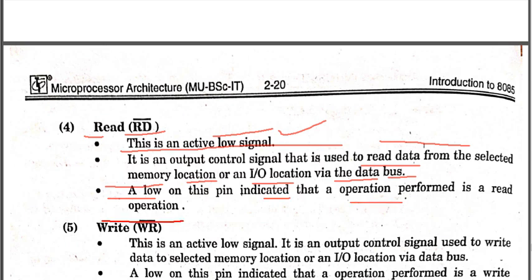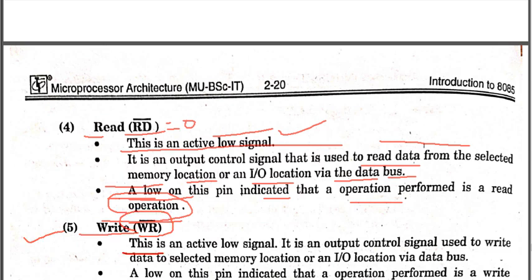A low on this pin indicates the operation performed is a read operation. So whenever this pin is equal to 0, or gets the 0 signal, it will do the operation of reading from the memory or IO devices.